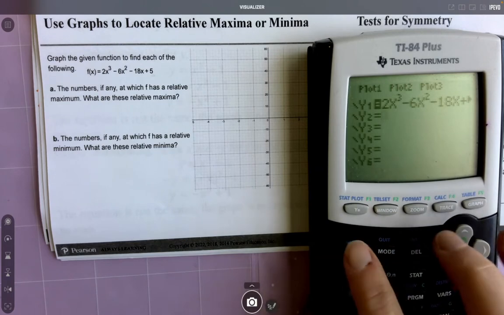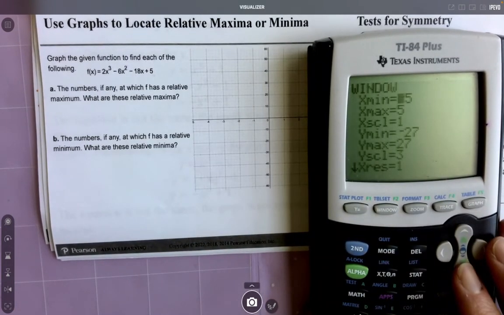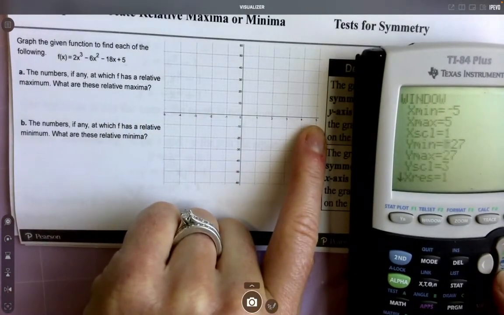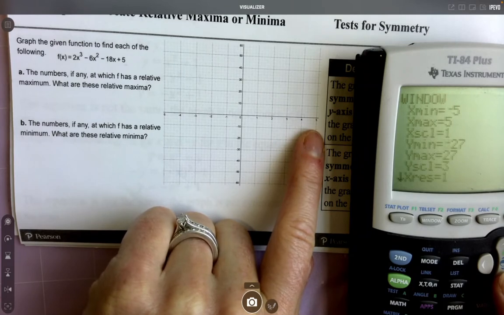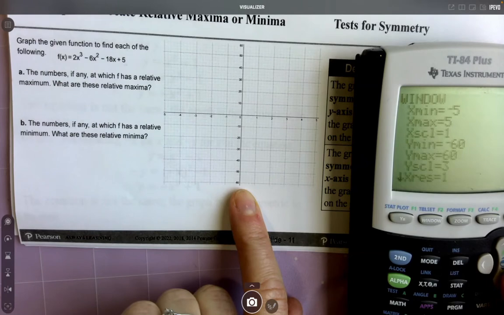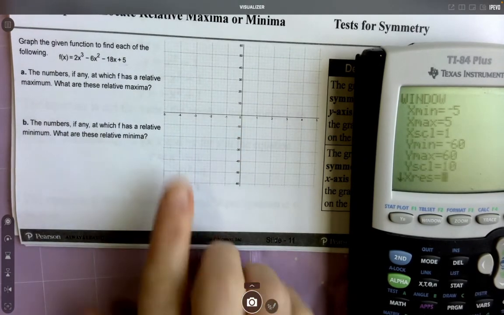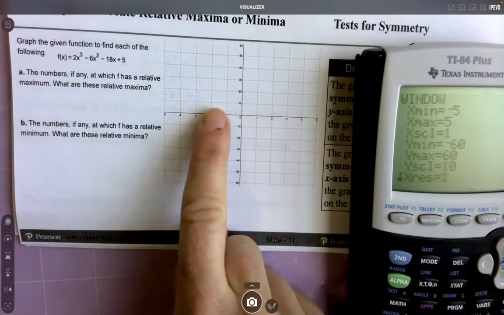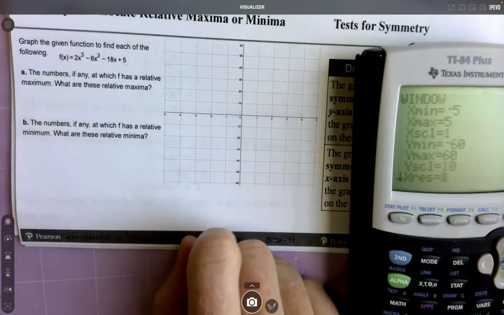All right, and then we want to change our window to, if we look here, it's -5 to 5 with a scale of 1, and then -60 to 60, and our scale is 10. And the way I knew that is I was looking at our x min, x max, and then down here, and then up there.